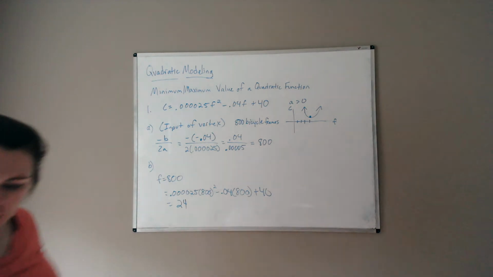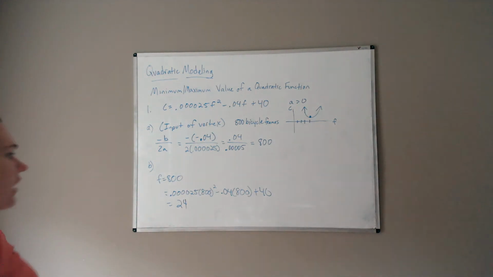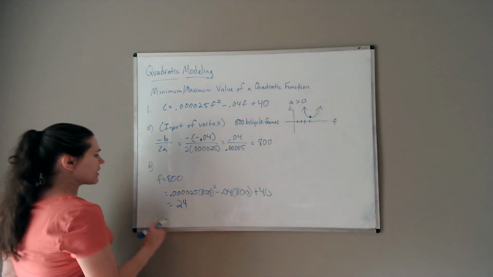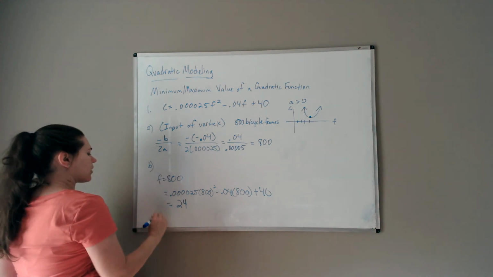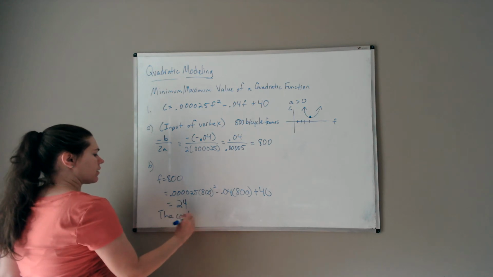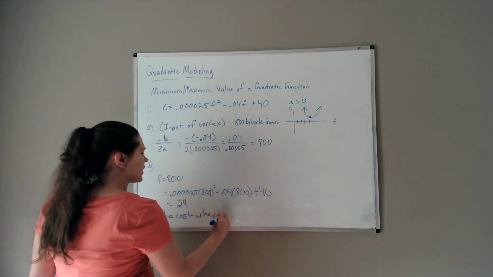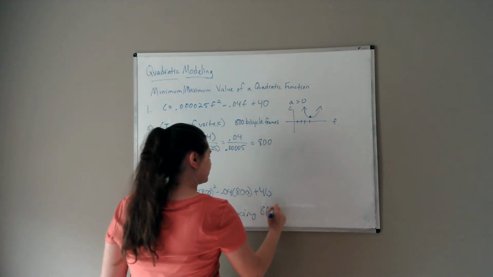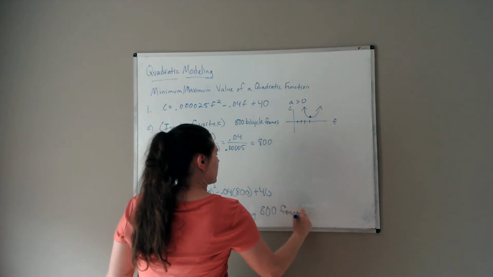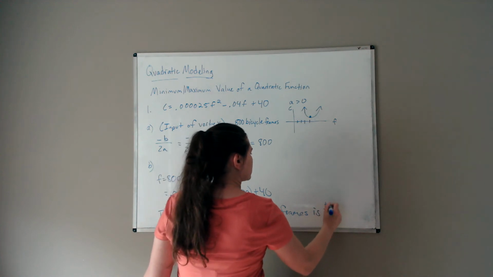Now, the problem said in thousands of dollars, so the cost when you make 800 is not $24. The cost when producing 800 frames is $24,000.